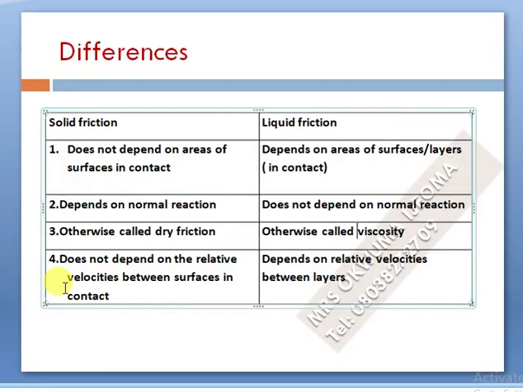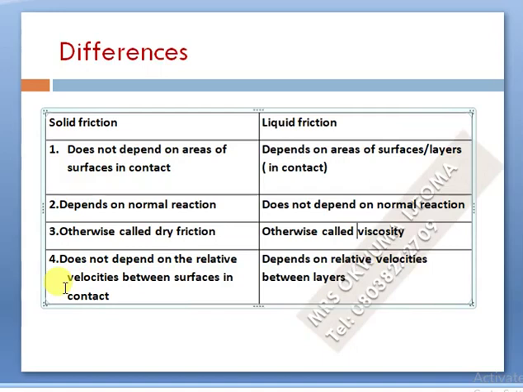Now, for example, let's take it this way. If you have a vehicle that is moving on the road, remember the vehicle encounters frictional force as it moves on the road. Now, if the speed of the vehicle is low, probably 10 meters per second, the vehicle moving 10 meters in 1 second, you find out that the vehicle will still encounter frictional force.